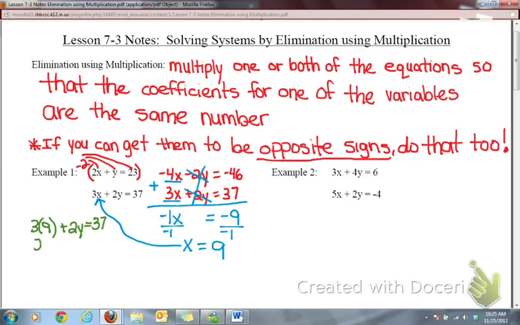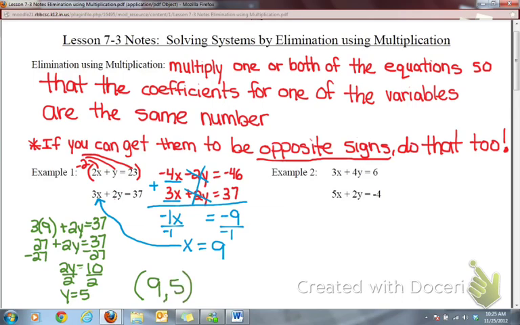Well, 3 times 9 is 27, plus 2y equals 37. So minus the 27, 2y equals 10, and divide by 2. y equals 5. So here we have the solution 9, 5, because the x was 9 and the y was 5.